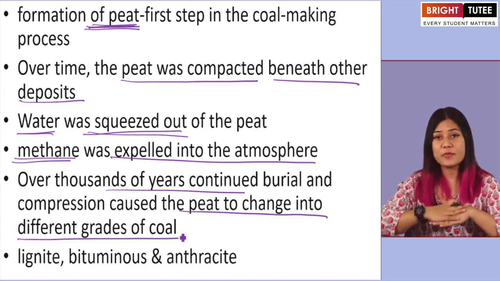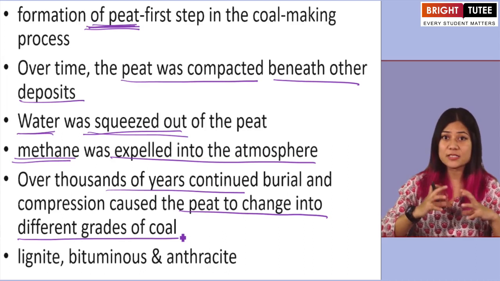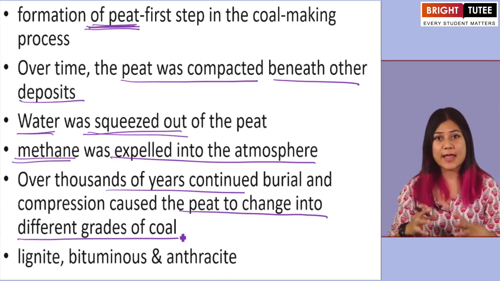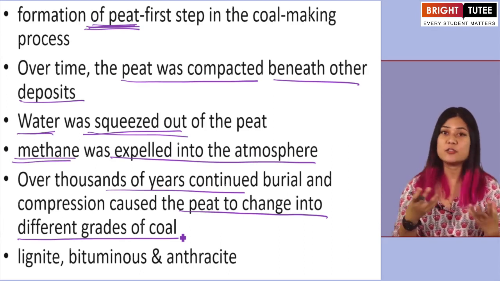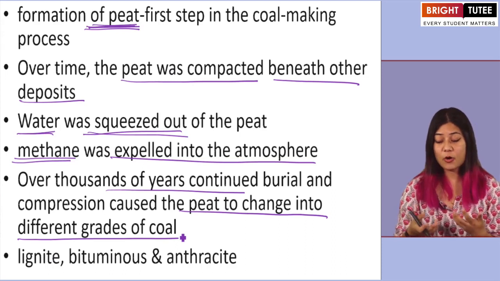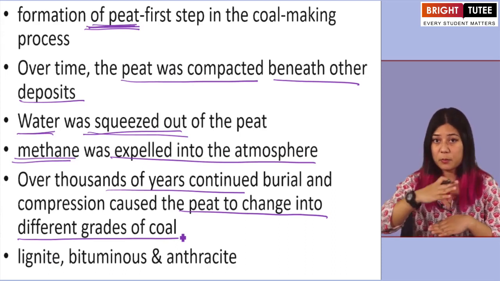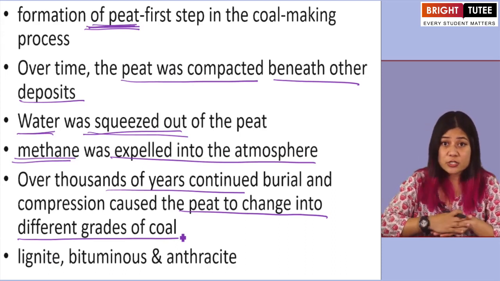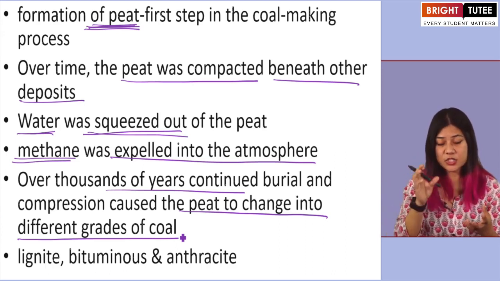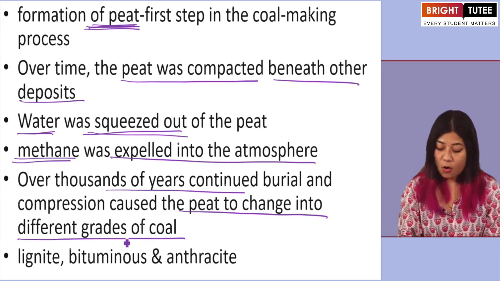If they have remained in that compact form, they go on to form a solid rock-like material. Otherwise, they don't. They are very soft and crumble. So depending on the time of burial, the compression and the compactness, the peat changes into different grades of coal.